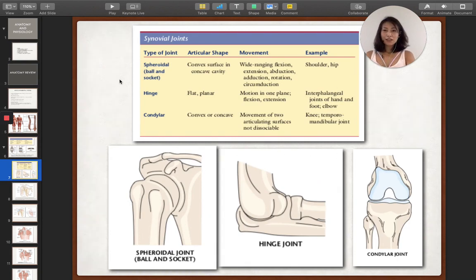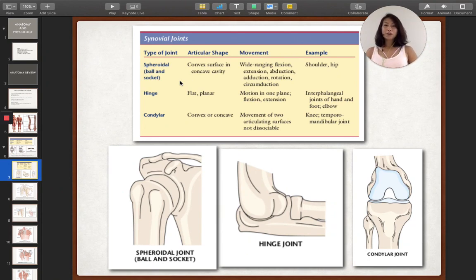Right. So let's look at it further. We have more types of joints here. The one that is most fun to look at is the ball and socket joint, or the spheroidal joint, because we have only two, and I mean not two joints, but two parts of the body: the one that connects our arms to the shoulder, and the ones that connect our femur or leg bone to our hips.